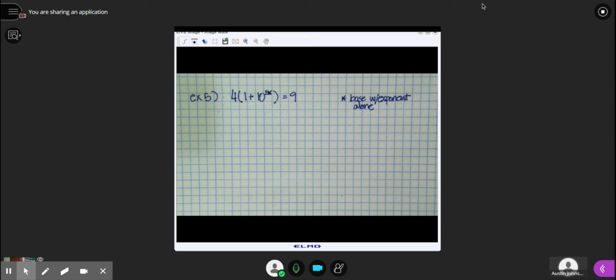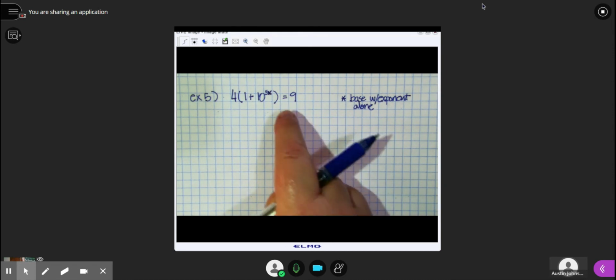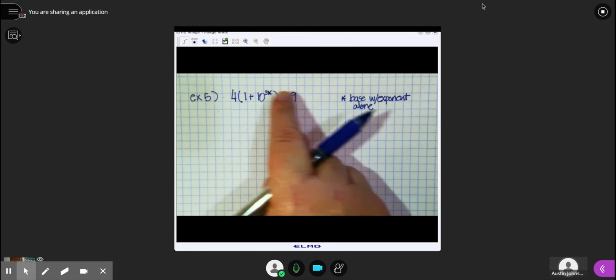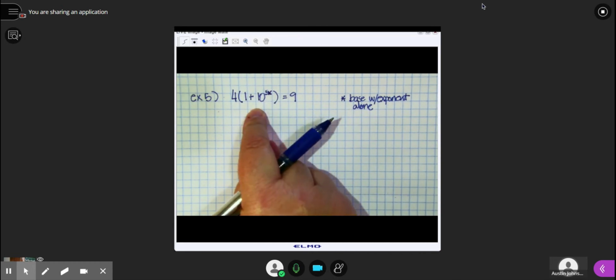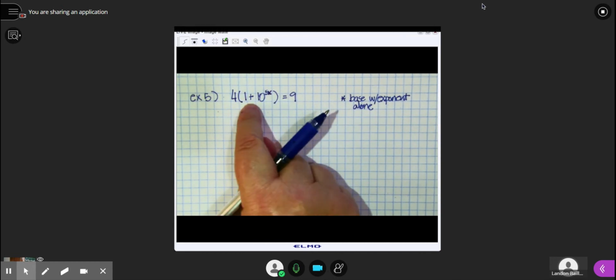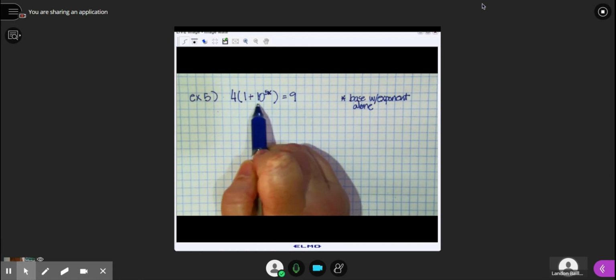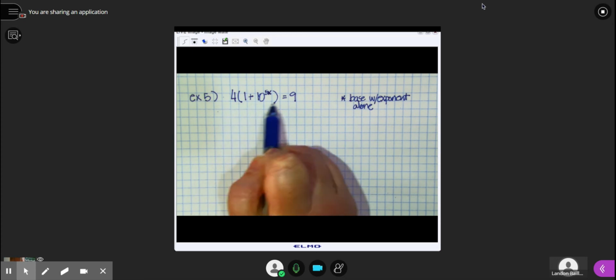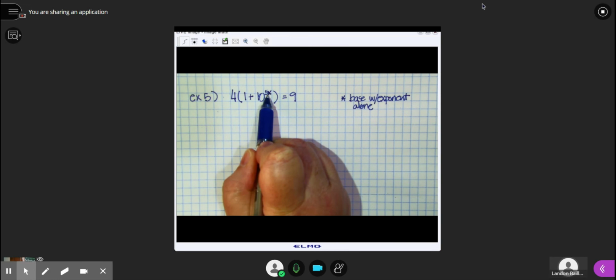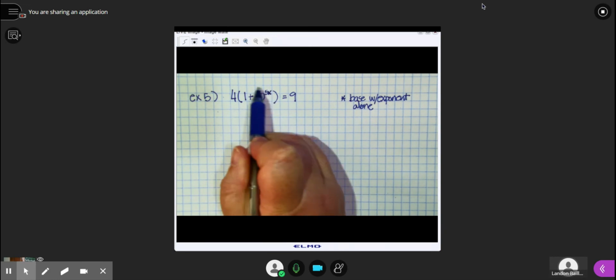If we look at every other thing we've done, we've essentially had one term on the right side and one term on the left side. This does not give us that. So I need to figure out what algebraic moves I have to make so that I have 10 to the 5x alone on this side.